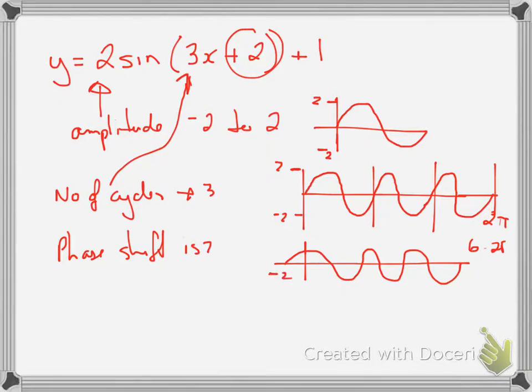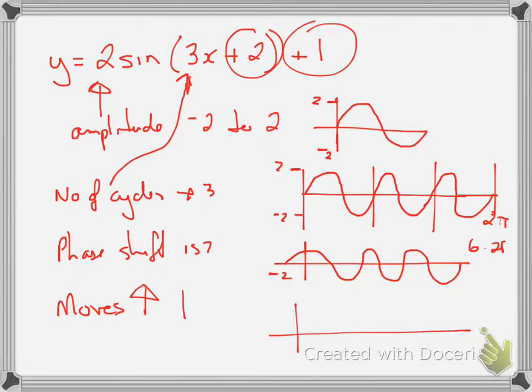And then the plus 1 moves it up 1. So now our graph will look like this, or something like that anyway. So that'll go up to 3, and that will come down to -1.